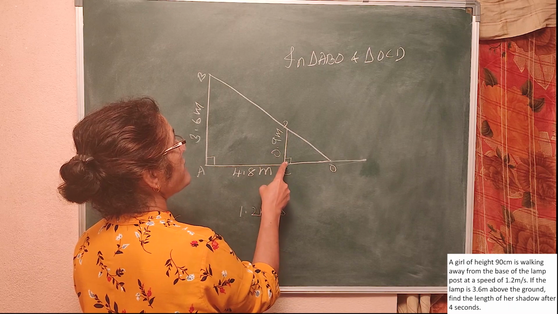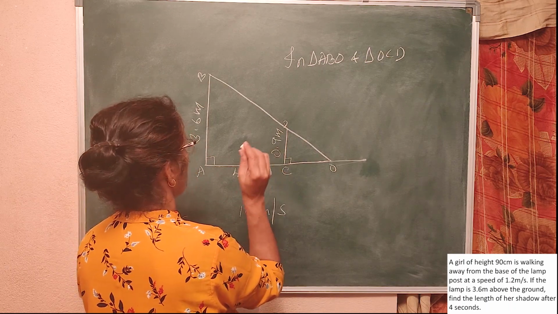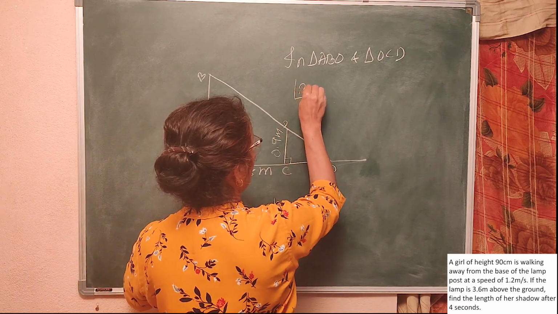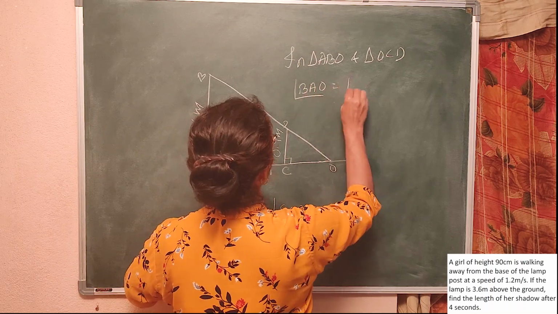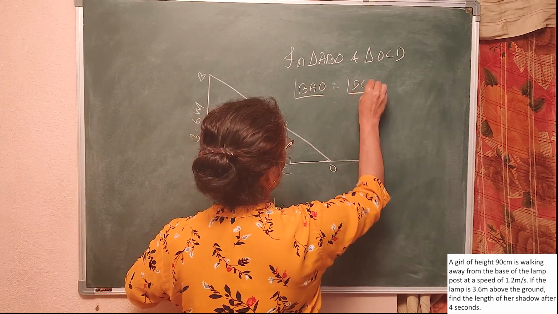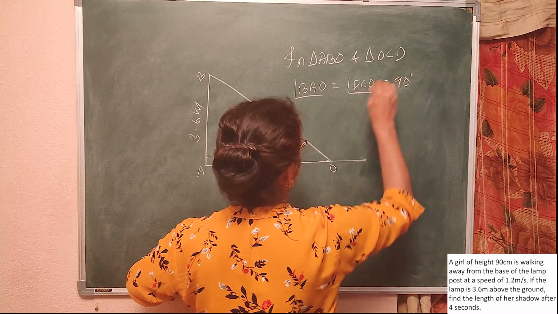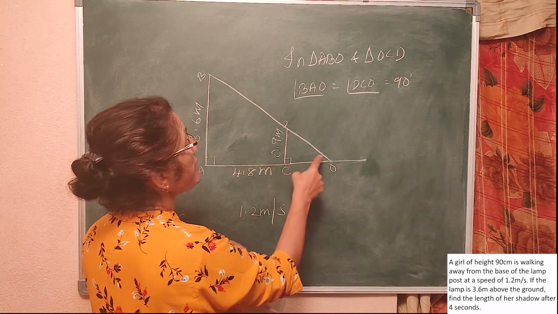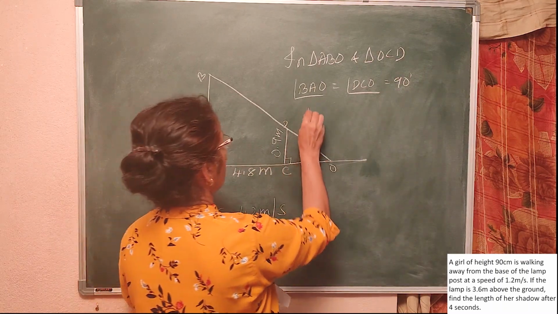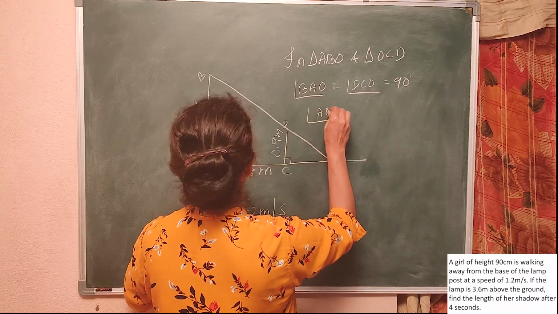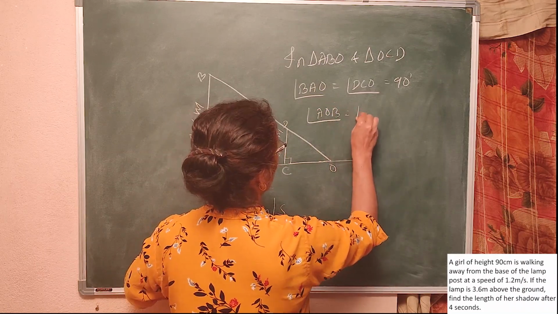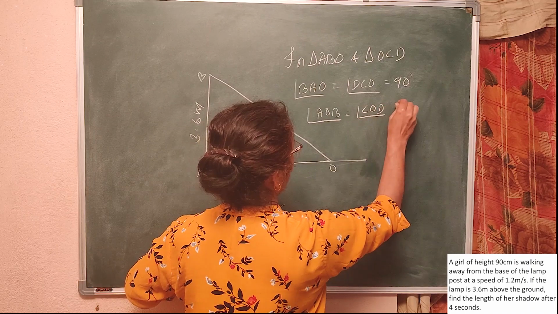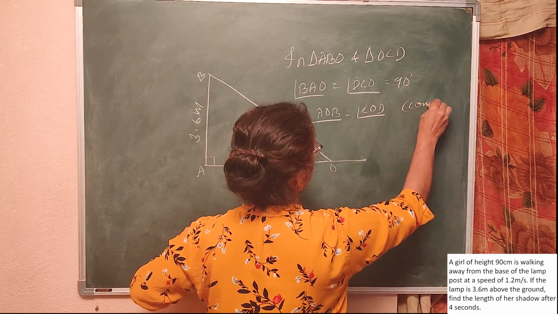The lamppost is standing straight, the girl is also standing straight. So, angle BAO is equal to angle DCO is equal to 90 degree. After that, this angle is common. Angle AOB is equal to angle COD by common angle.